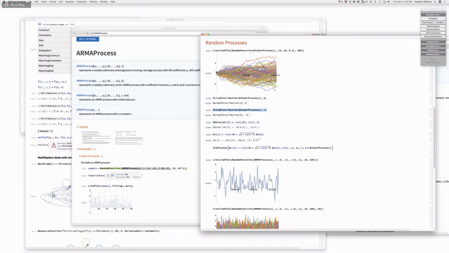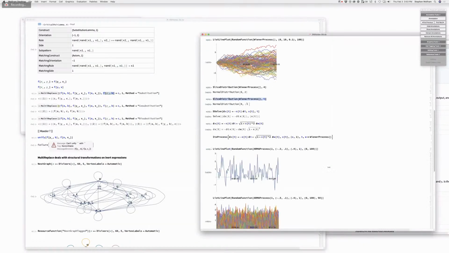Perhaps this is an answer to the question, because I've looked at length at things like NestGraph, x goes to 2x, 1 plus x, starting with 1, going 5 steps. Okay.